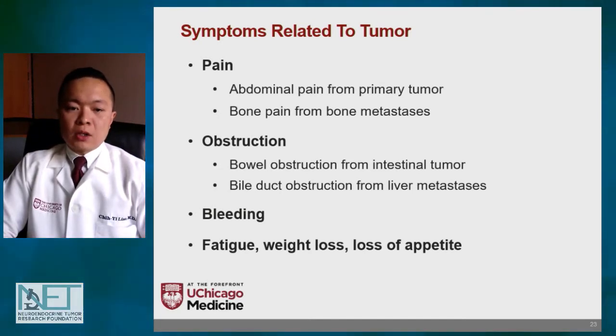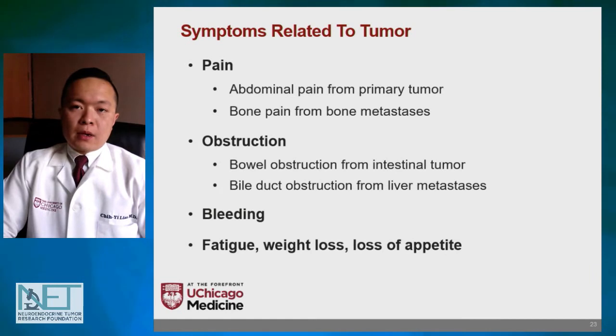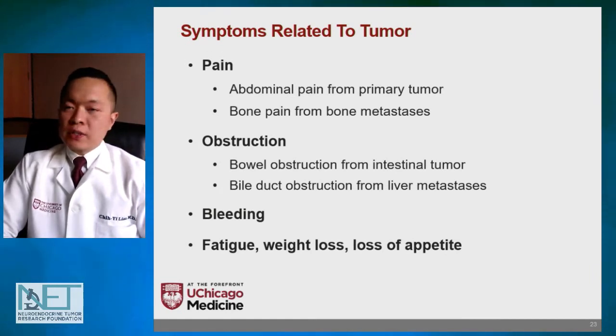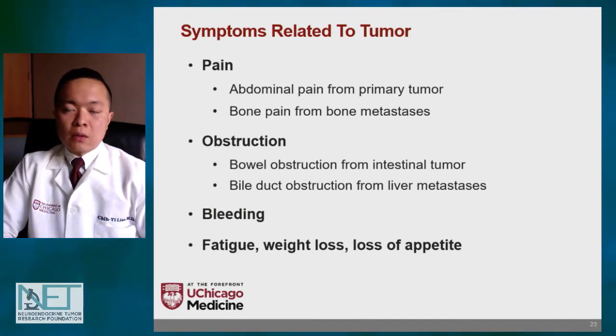The tumor can cause obstruction, such as bowel obstruction from a small intestine neuroendocrine tumor, or liver metastases causing bile duct obstruction leading to jaundice. The tumor may cause bleeding, and it may cause patients to have an overall sense of feeling unwell, which includes symptoms like fatigue, weight loss, and loss of appetite.